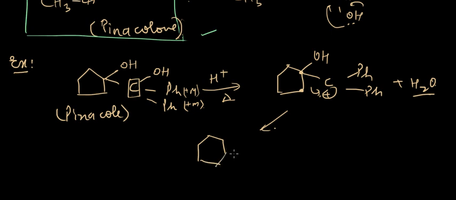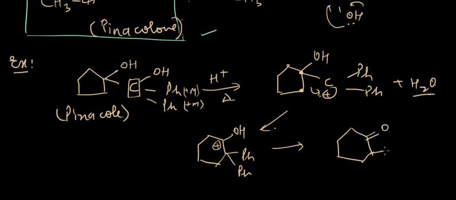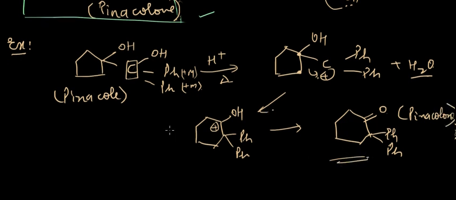So a ring is formed with 2 pH groups and positive charge here and OH here. Next what will happen? Formation of aldehyde at this carbon, ketone at this carbon atom, and finally this is what we call Pinacolone. Okay, so this is the product.